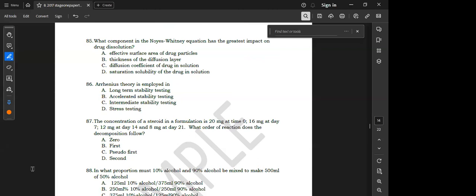Okay, what component in the Noyes-Whitney equation has the greatest impact on drug dissolution? Effective surface area of the drug particles, thickness of the diffusion layer, diffusion coefficient of drug in solution, and saturation solubility of the drug in solution.